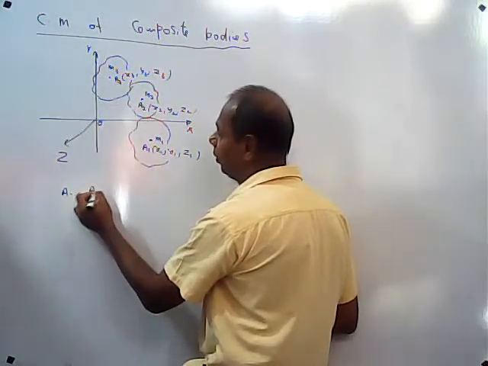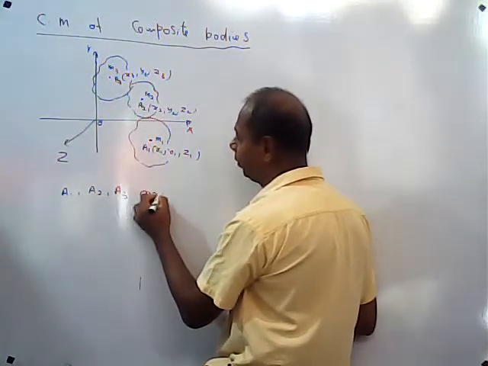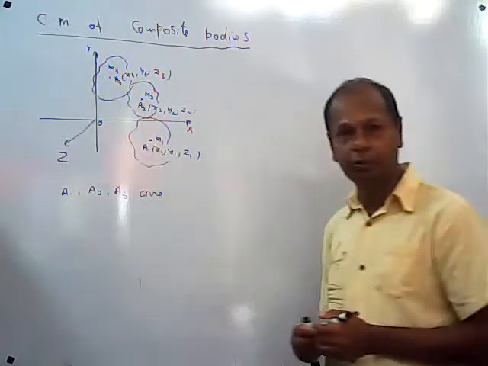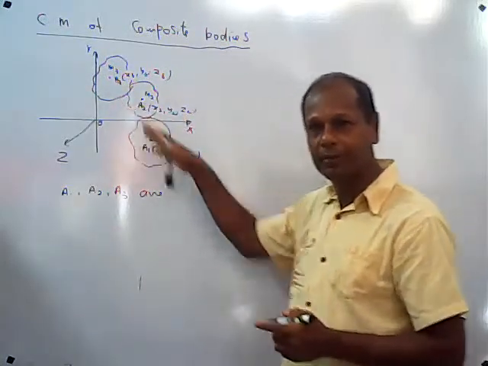A1, A2, A3 are where the center of mass of each part separated, right?